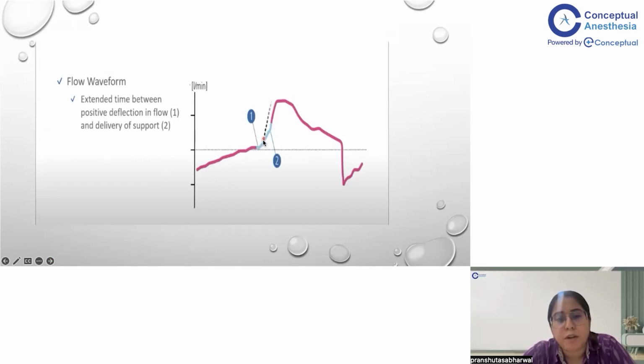If the trigger is normal, it will convert into a dotted part, meaning the ventilator immediately detects that the patient wants to breathe and gives a breath. But when there is a delay, the jagged blue part you can see on the graph means there is something wrong with the triggering.